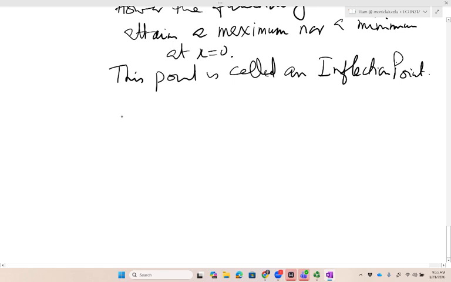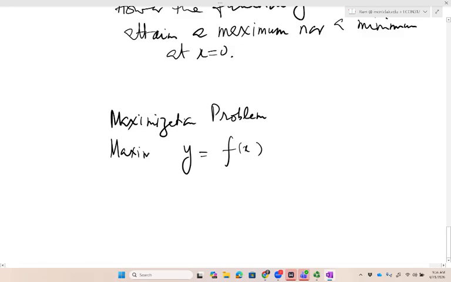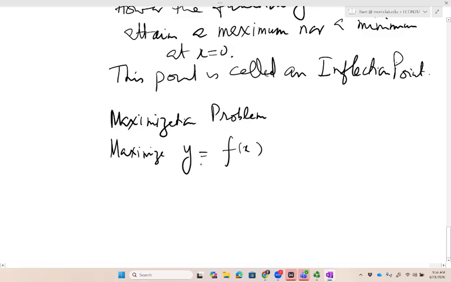So let's say our optimization problem is a maximization problem. I want to say y is equal to f of x, and I want to maximize this. Maximize y, which is a function of f of x, by choosing the value of x to be any real number.